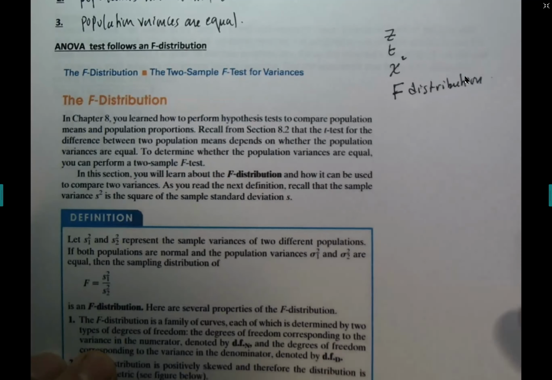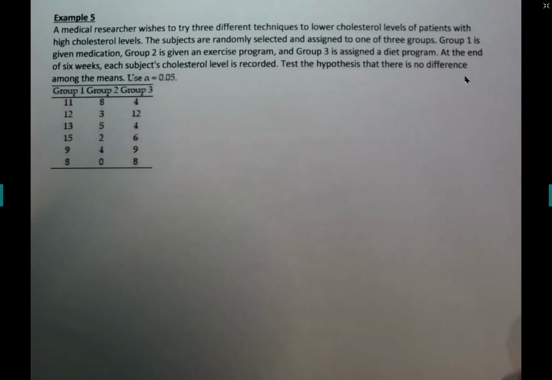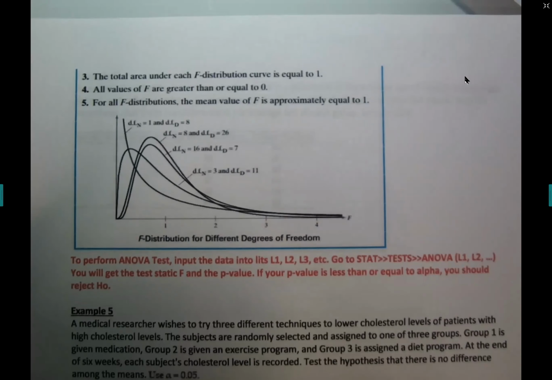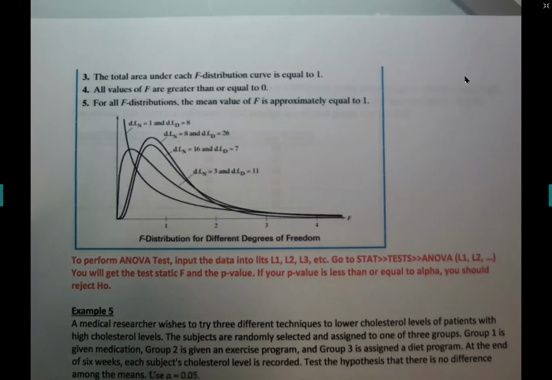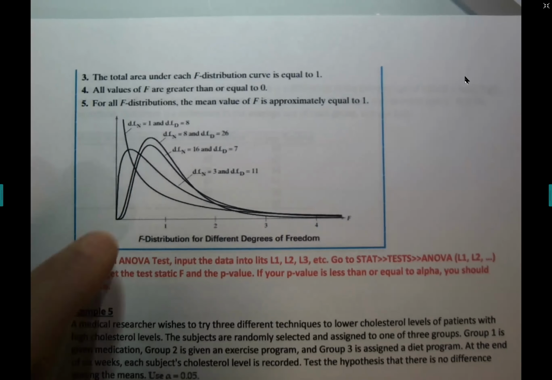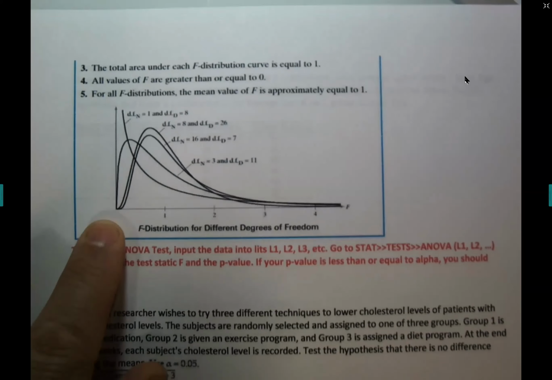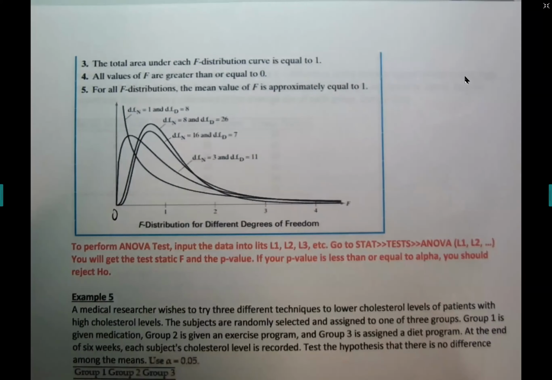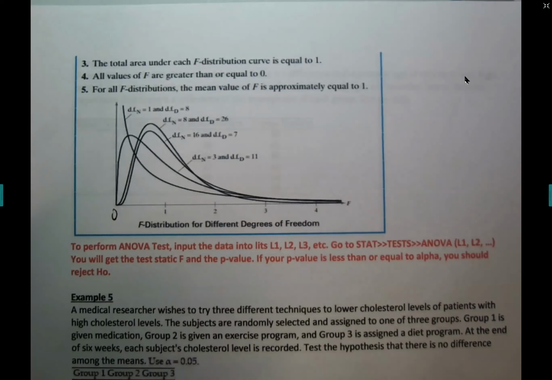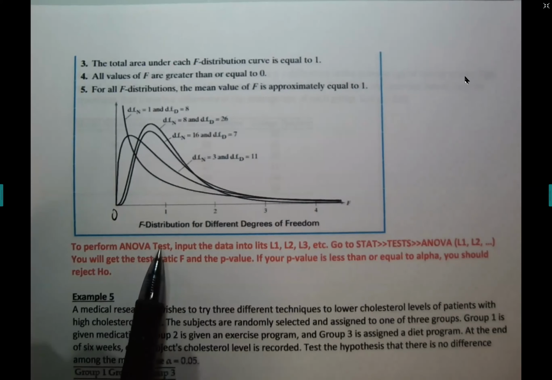And I'll show you a sketch of it. The total area under any curve is 1 always, and the values of F are always greater than 0. As you can see, guys, it starts from 0 and goes up. So it looks very much like the chi-square distribution, but it has 2 degrees of freedom, one for the numerator and one for the denominator. We're going to be using the ANOVA test with the F distribution.